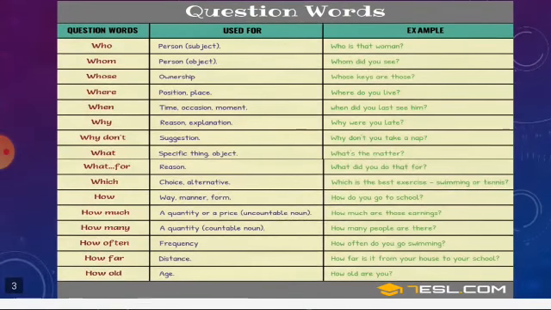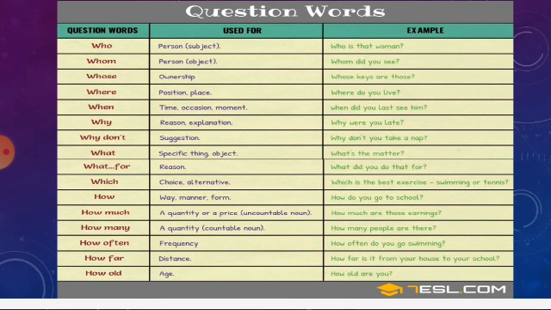Now, I have made a list of these WH question words in the first column. In the second column, you will see the use of these WH question words, where they are used. And in the third column, you will see a WH question relating to that question word.